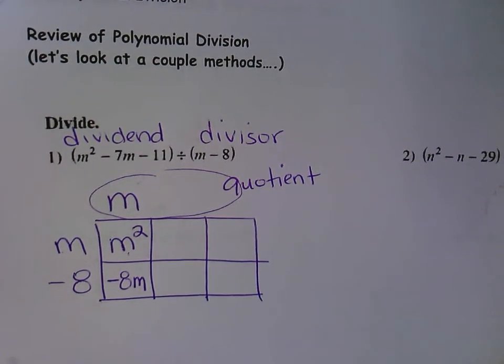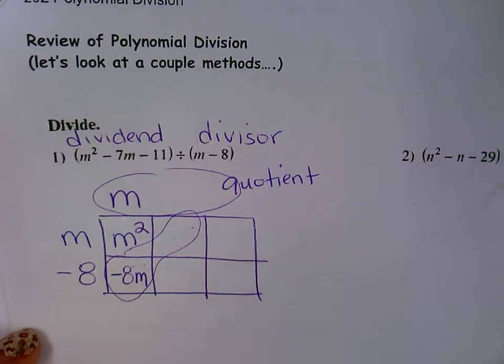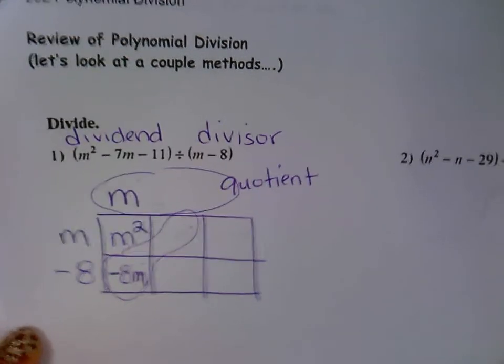How many m's need to end up in my dividend? So you look back to your dividend, which is negative 7m. This plus this have to add up to negative 7. So what would have to go in this diagonal box right here so that those add up to negative 7m? Positive 1m.